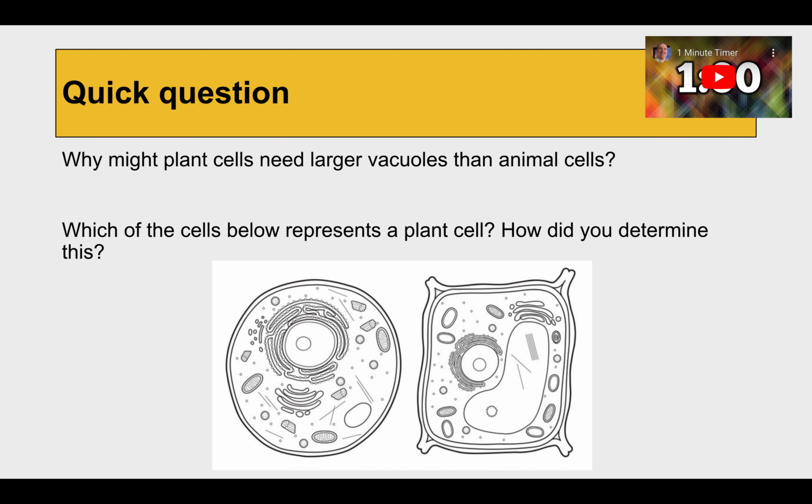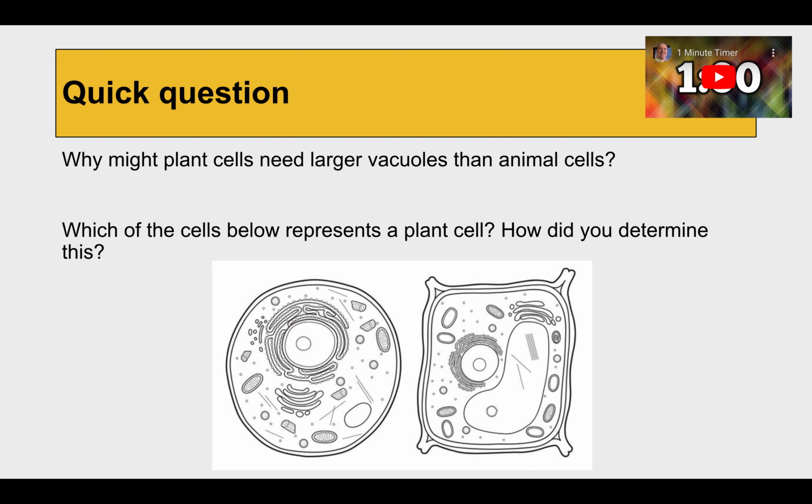Why do we know that one's the plant cell? Yeah, it has this really large vacuole. What else could you have used to determine that it's a plant cell? Yeah, it has this cell wall, right? And it tends to be more in that boxy shape, right? That's a good telltale sign that it's a plant cell. It's really boxy, it's really rigid, has that cell wall. And also there's this really large vacuole. Yeah. Any questions?